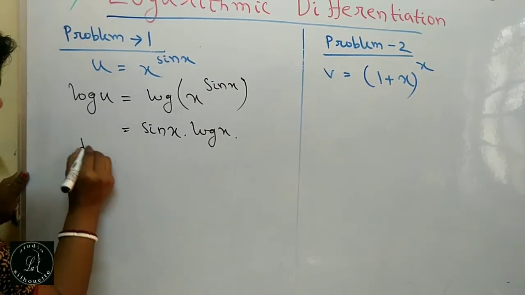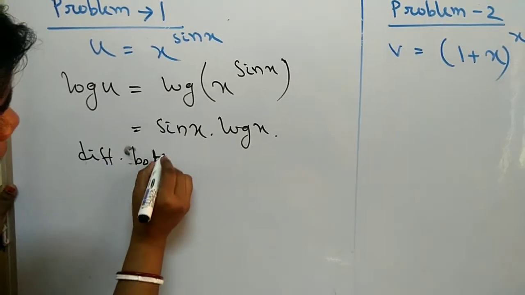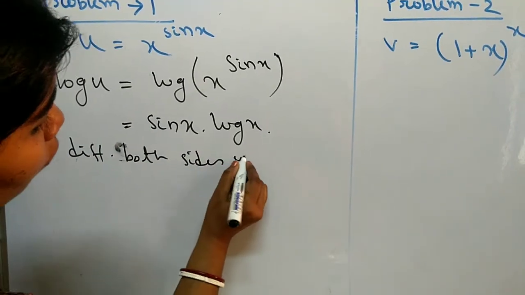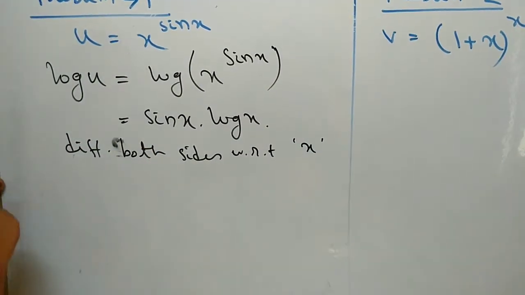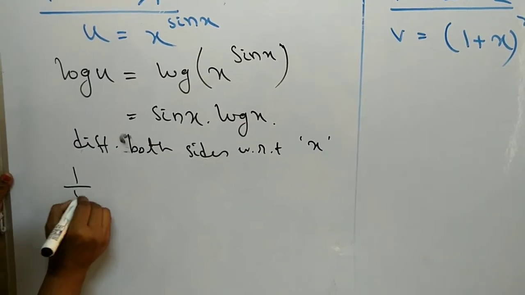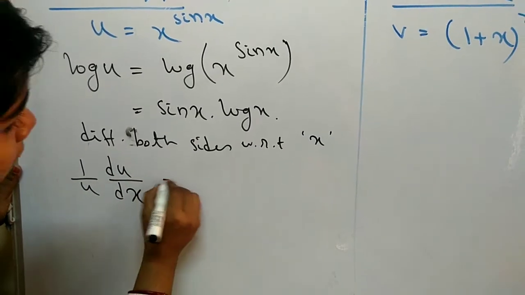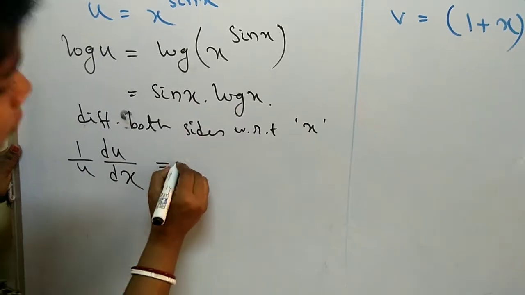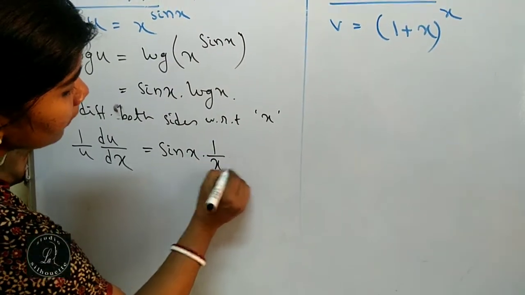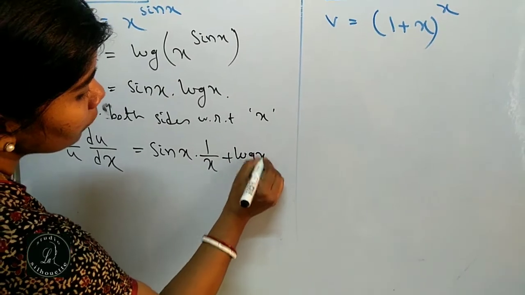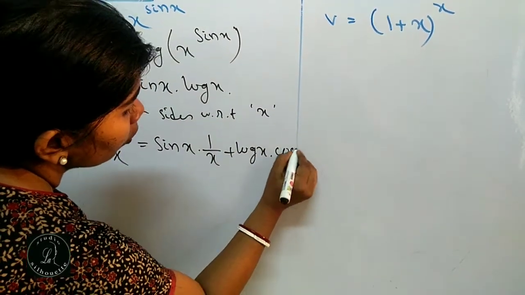Now we will differentiate both sides with respect to x. So what we will get? We will get 1 by u du dx equal to, keeping sin x fixed, derivative of log x is 1 by x, plus keeping log x fixed, derivative of sin x is cos x.